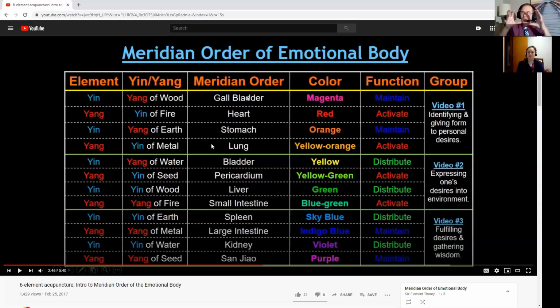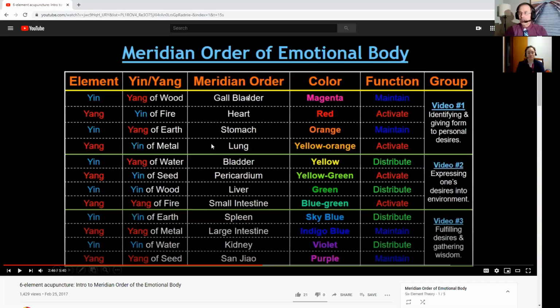So once you've found the place to fulfill your desire, what happens next is you start fulfilling your desire. And that's in the second half of the order. We know a lot of people who are blocked in the first 6 steps. They don't even know what their desire is. Okay, that's a heart meridian problem. Or they have a hard time grounding that desire in their life.